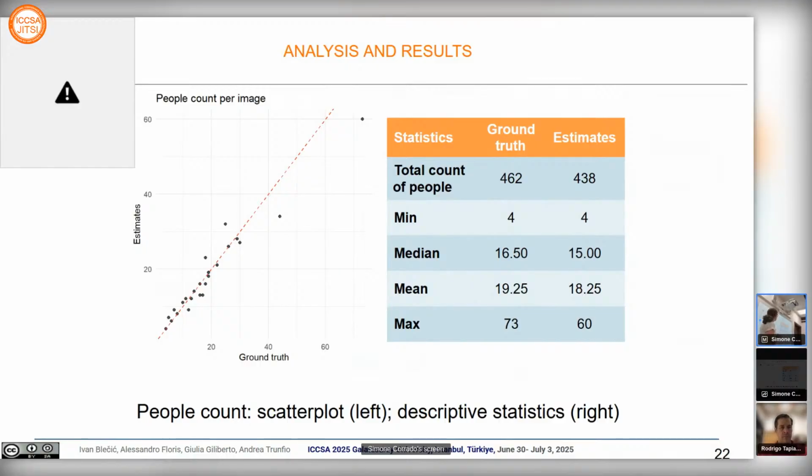And for total count of people, we have 462 for ground truth, from the manual evaluation, and the algorithm output says that we have 438 people.